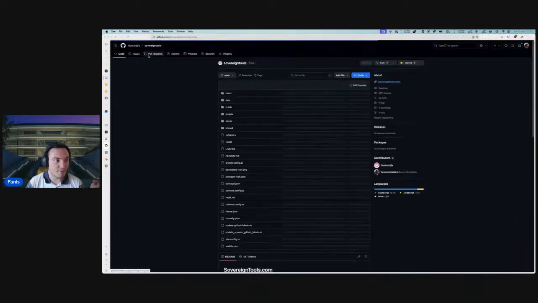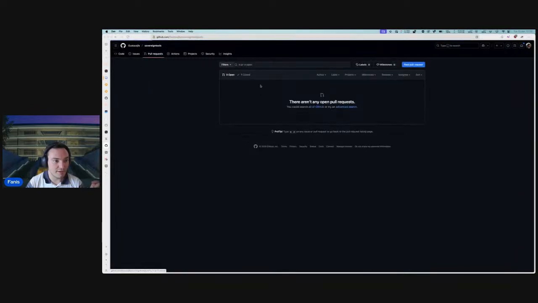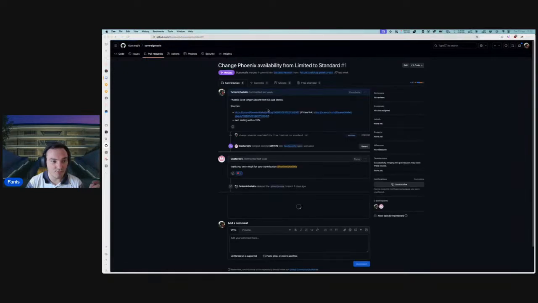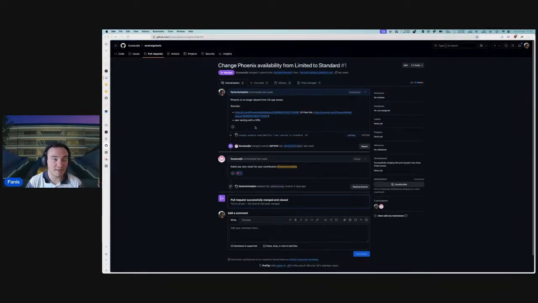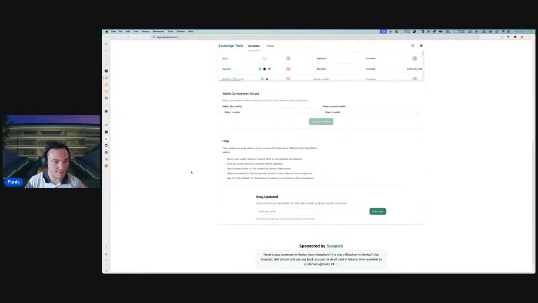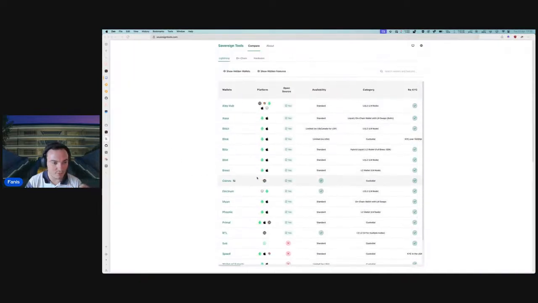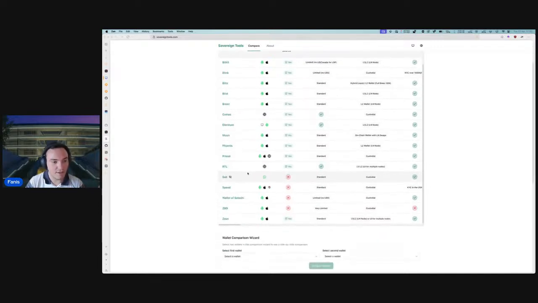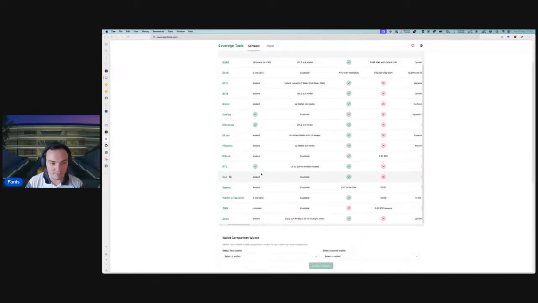For example, I opened a pull request last week because Phoenix was marked as not available everywhere, and especially not in the US. And now Phoenix is back in the US, so that's one of the great news from the last 2 weeks as well. So feel free, if you see anything that can be improved, to open a pull request, because I think this kind of project is very useful.